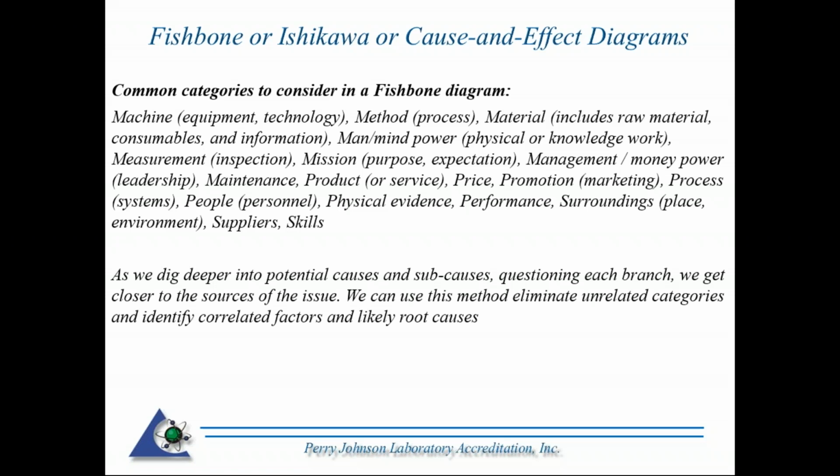Again, as we dig deeper into the potential causes and sub-causes, questioning each branch as we get closer to the sources of the issue, we can use this method to eliminate unrelated causes and identify correlated factors and likely root causes.